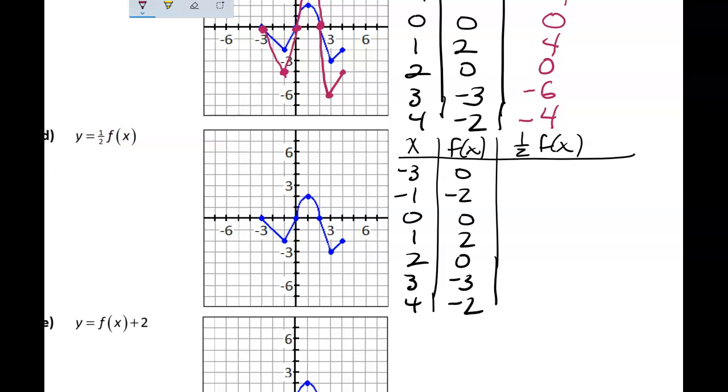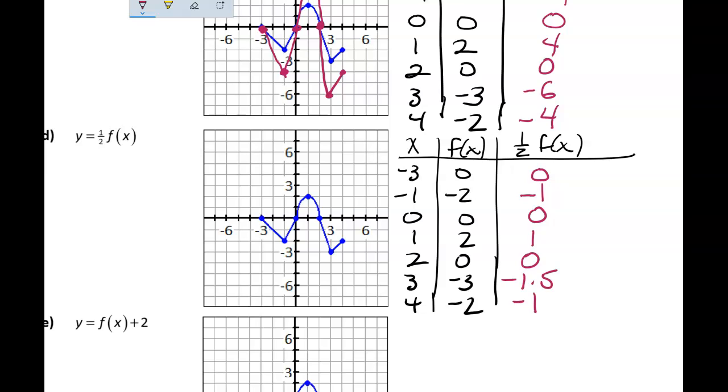Now all that we need to do is multiply that second to last column by 1/2. So just take half of each of these values. Half of -3 is -1.5. Half of -2 is -1.